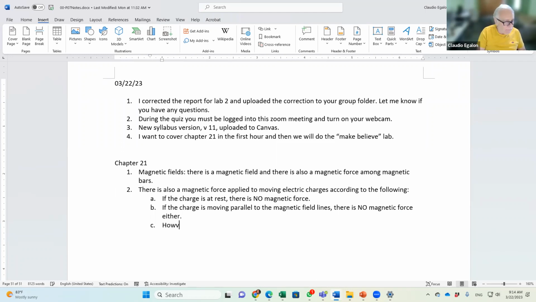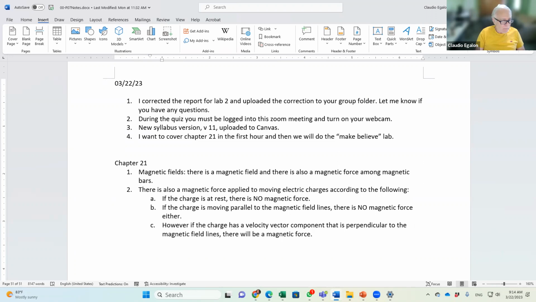However, if the charge has a velocity vector component perpendicular to the magnetic field lines, there will be a magnetic force.